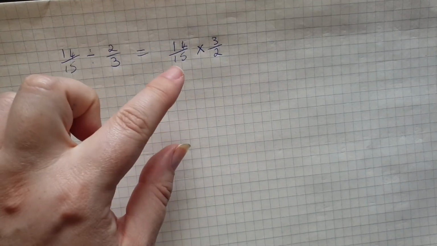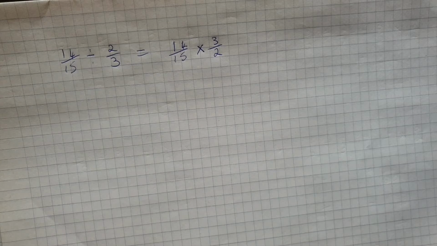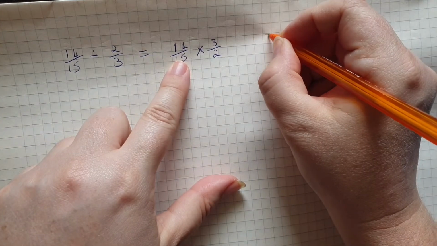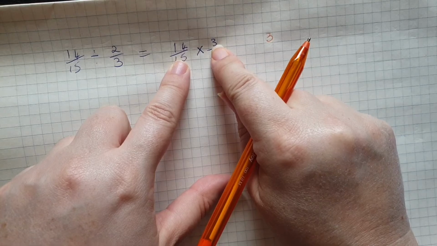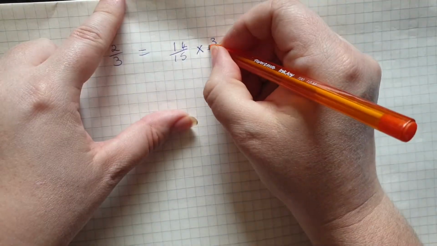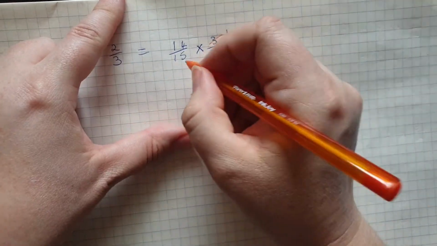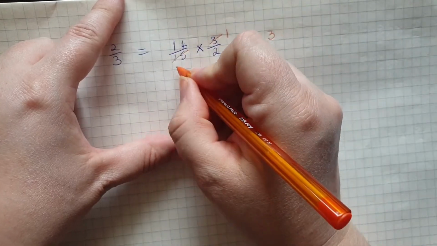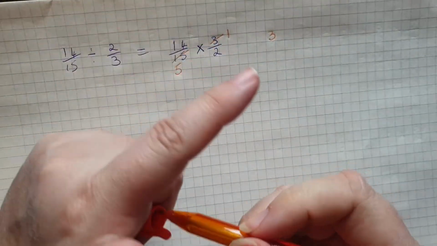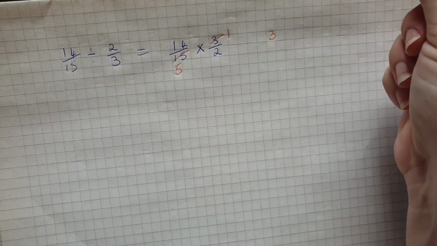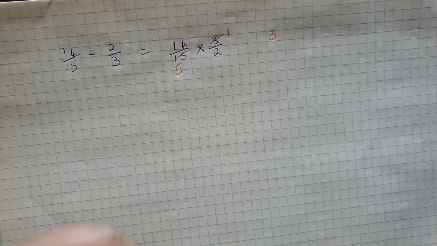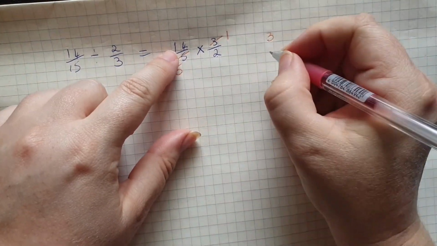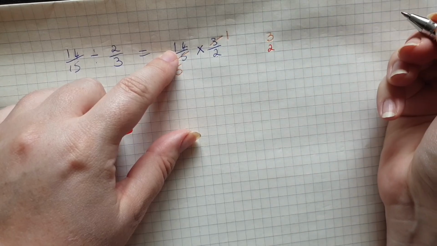Now at this stage here, this is where I will cross cancel. Immediately I can see that 3 goes into both 3 and 15. How many 3s in 3? 1. How many 3s in 15? 5. I can also see that both 2 and 14 are in the 2 times table.